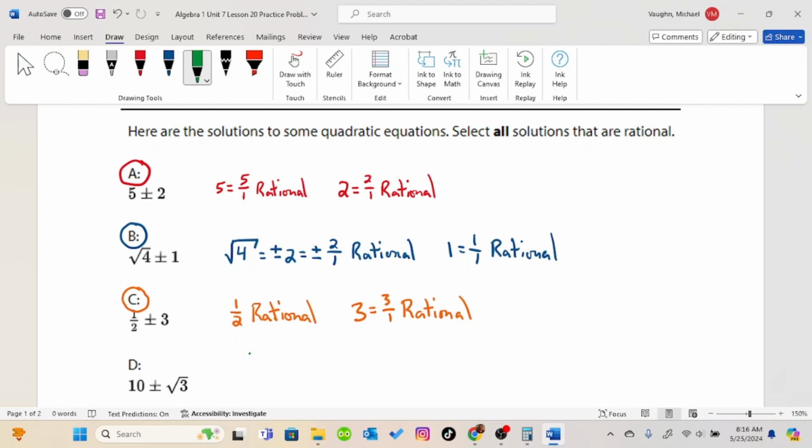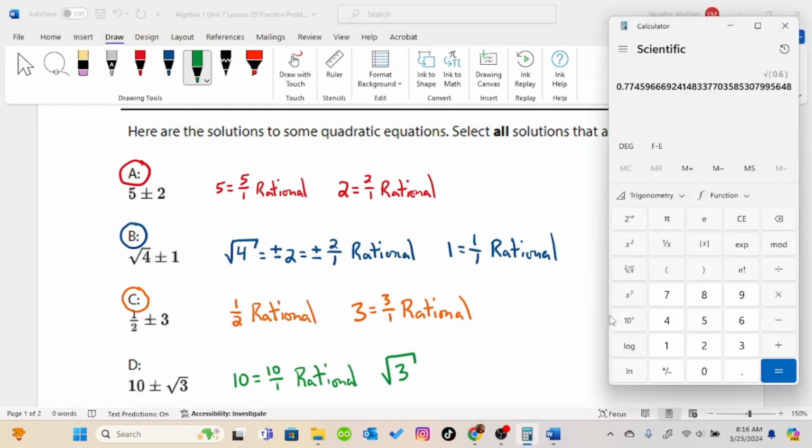Choice D. 10 can be written as 10 over 1. Since it can be written as a whole number fraction, it is a rational number. Then we have square root of 3. If I put this into a calculator, notice I get a non-repeating, never-ending decimal.